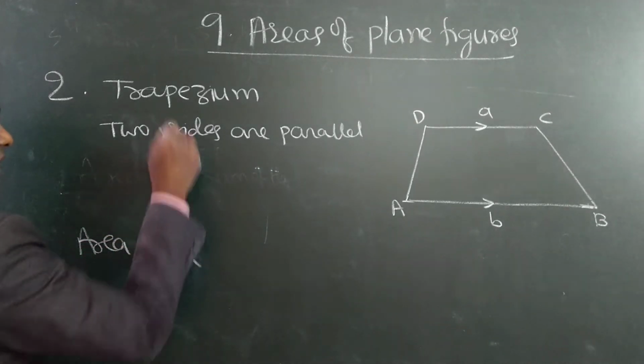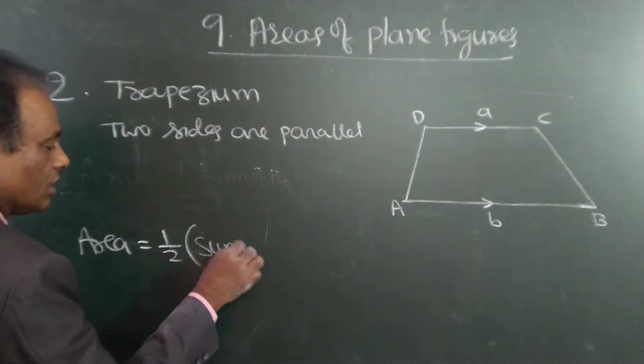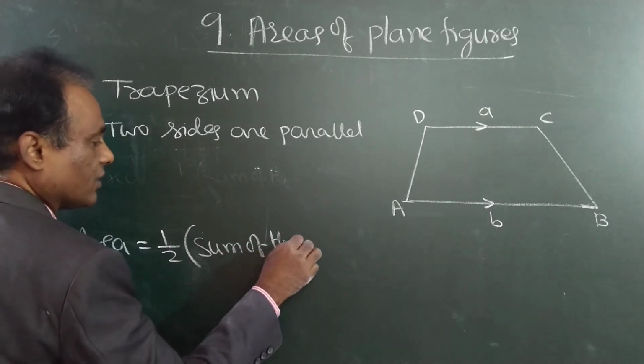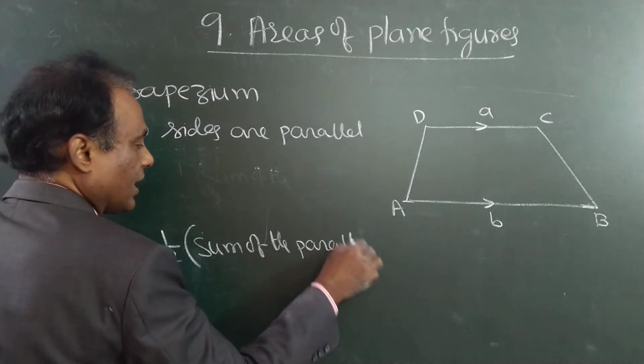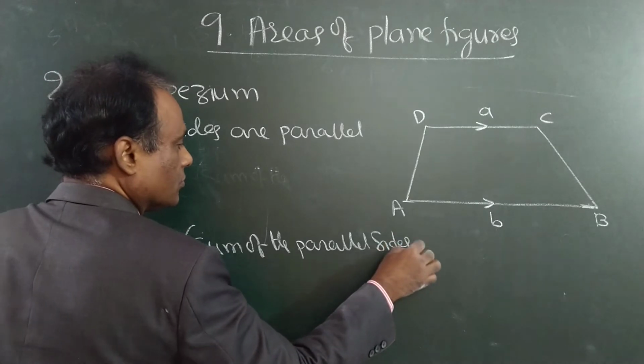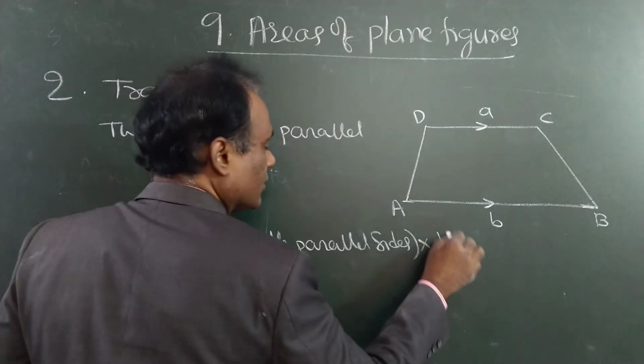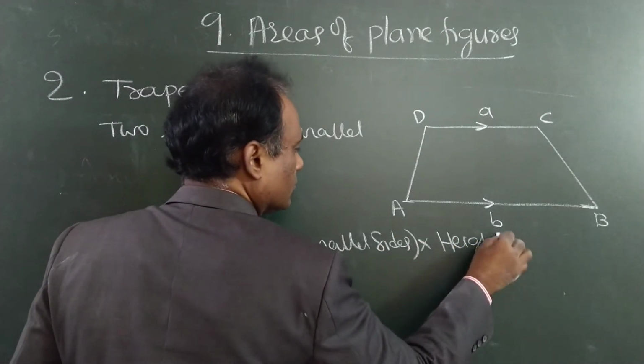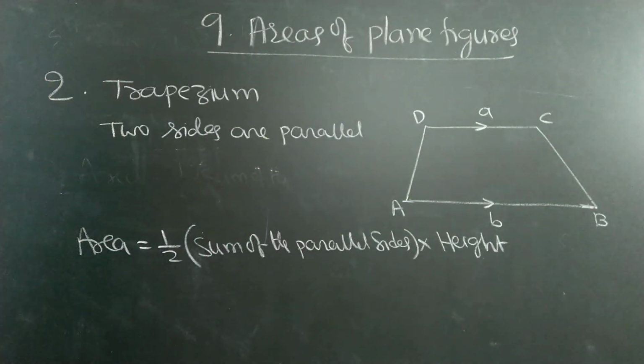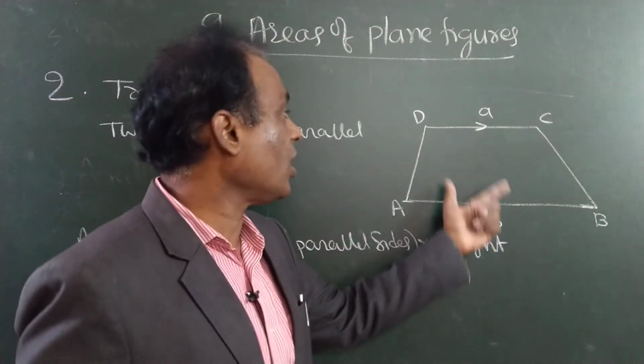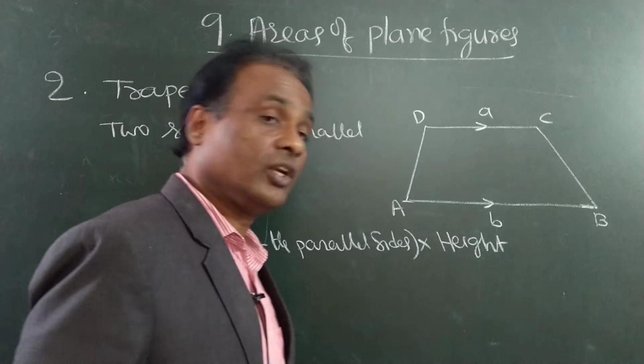So the formula for area of trapezium: first you have to add the parallel sides, sum of the parallel sides, into height. So this is the formula for area of trapezium, half of sum of the parallel sides into height.